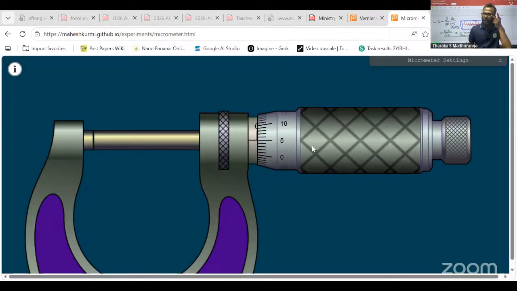The circular scale zero stops before the middle axis.